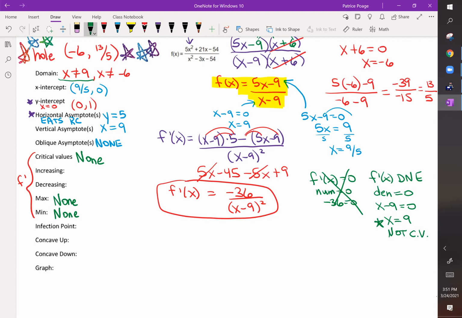And we also need to put the hole, the thing we put stars around up at the top. So any holes, any vertical asymptotes go on the number line. But neither one of these are critical values. So if you need to put "not a critical value" beside them both, just so you remember these are not going to be maxes or mins, then you should do that.